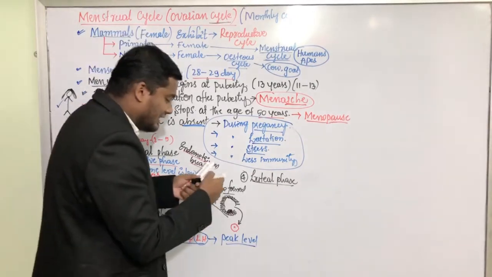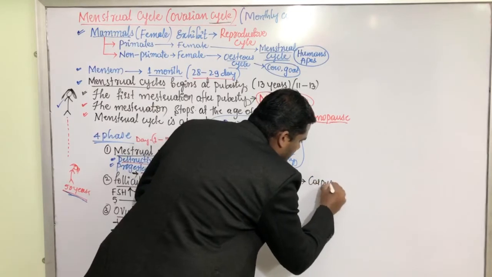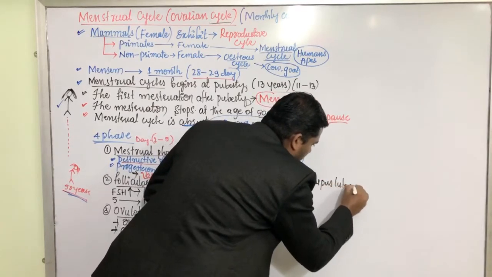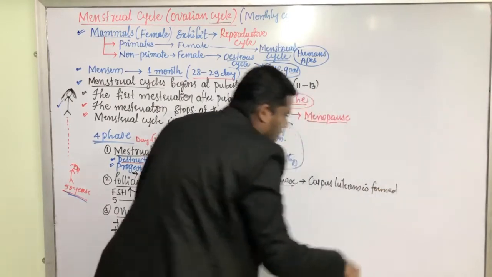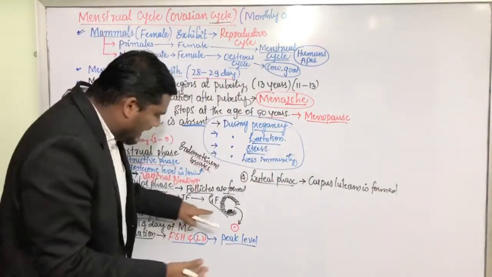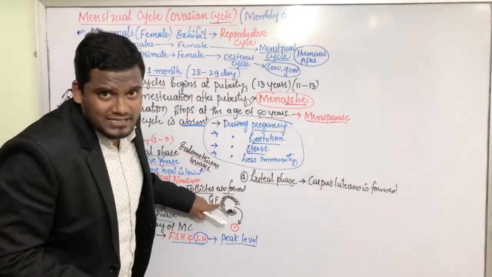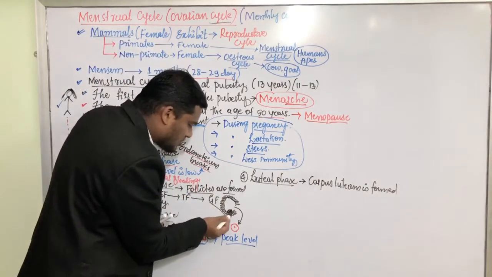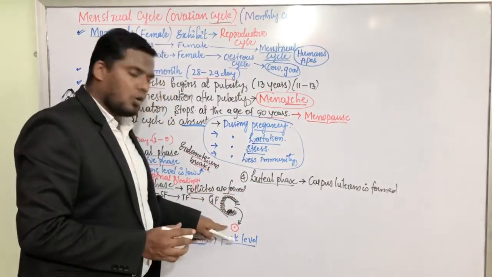Corpus luteum. Corpus luteum is formed after the 14th day. After the release of the egg, this structure is called as corpus luteum. Now it is no more called as Graafian follicle. Now this structure lost the ovum.